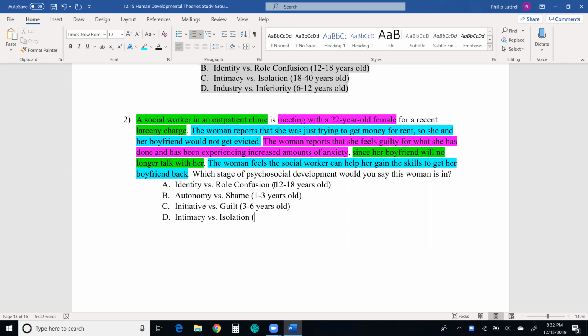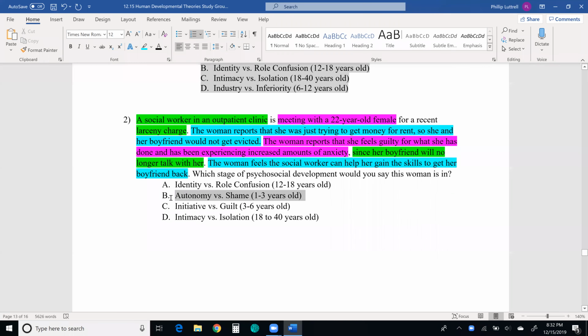Intimacy versus isolation, 18 to 40 years old. So, quick review: outpatient clinic, 22-year-old female, larceny charge, trying to get money for rent so she and her boyfriend would not get evicted. She reports she feels guilty, increased anxiety. Boyfriend no longer wants to speak with her.